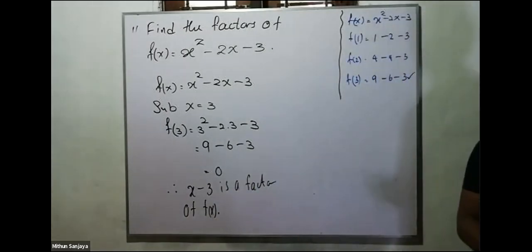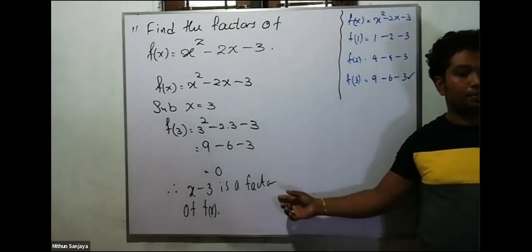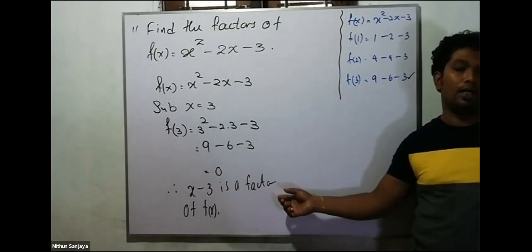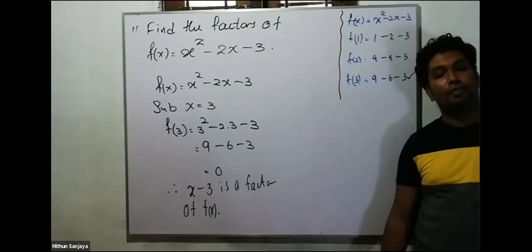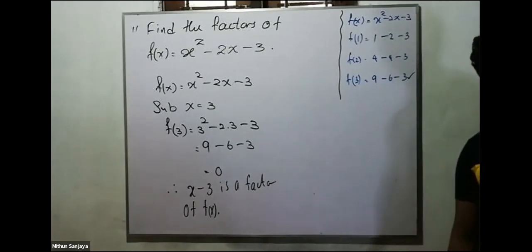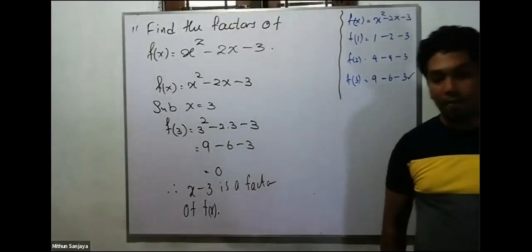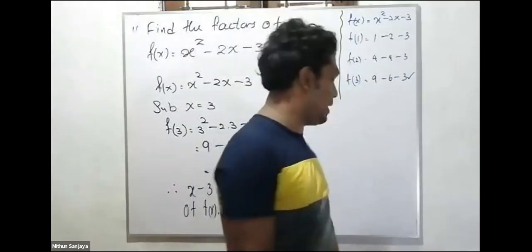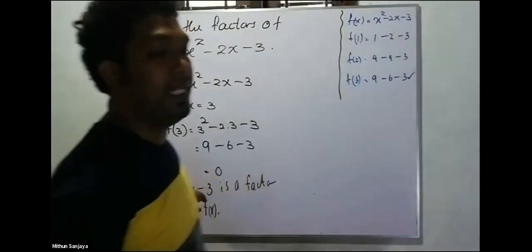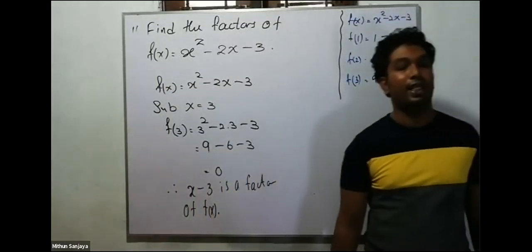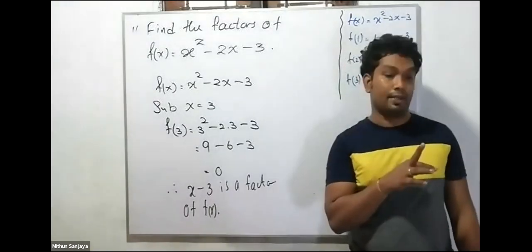Then we find the other factors. How do we identify how many factors are there in the function? The maximum number of linear factors is equal to the degree.